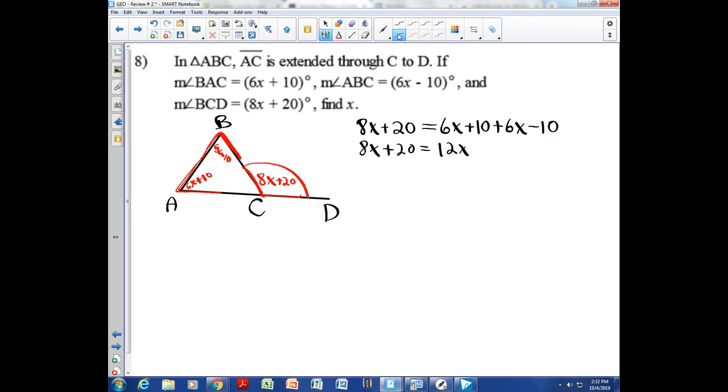The 10s cancel each other out. I'm going to bring the 8x to the other side and work backwards here. 20 is equal to 12x minus 8x. 20 is equal to 4x. Divide by 4 and x is equal to 5. I'm reading that backwards, so I'm going to turn it around. x is equal to 5. And finding x was the question. Nice and simple.